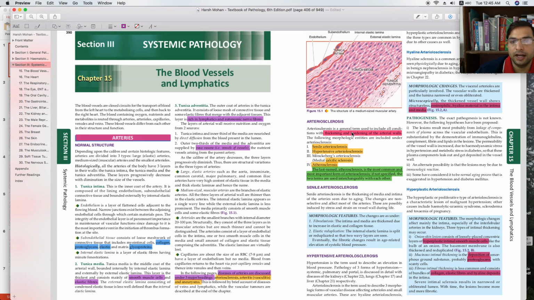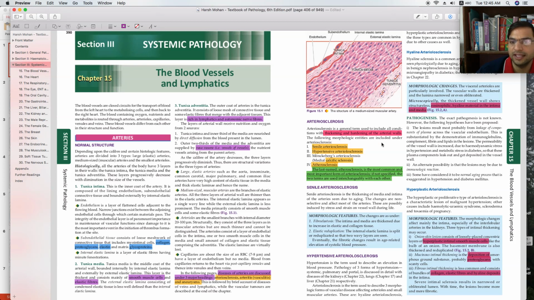Arteriosclerosis has many causes, or it can be categorized into: number one, senile arteriosclerosis. Senile means pertaining to age. With aging, as the age progresses, the arteries become thickened and hardened. That is called senile arteriosclerosis.